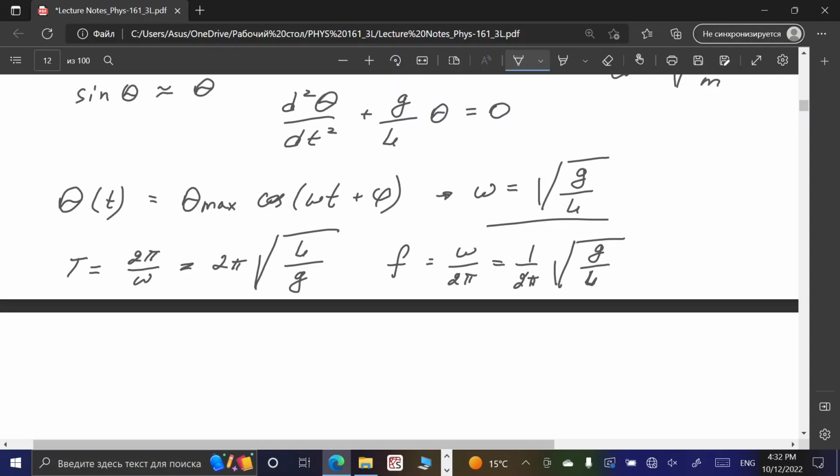So the first reliable clocks were developed based on pendulums, and looking at this equation, you can also guess another possible application of the mathematical pendulum. Any suggestions?